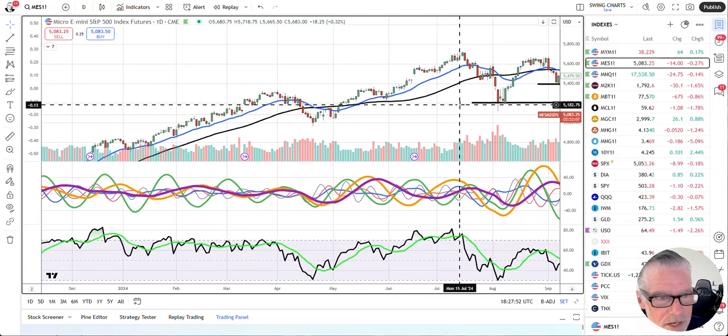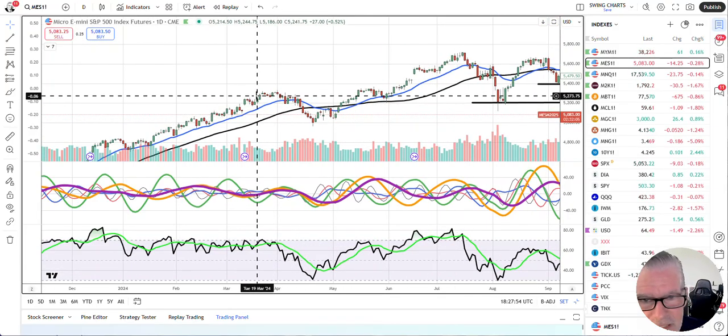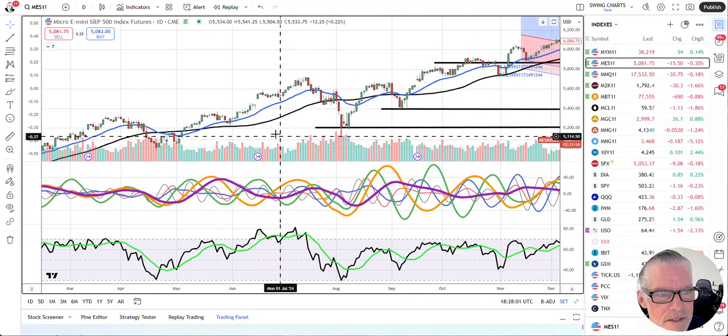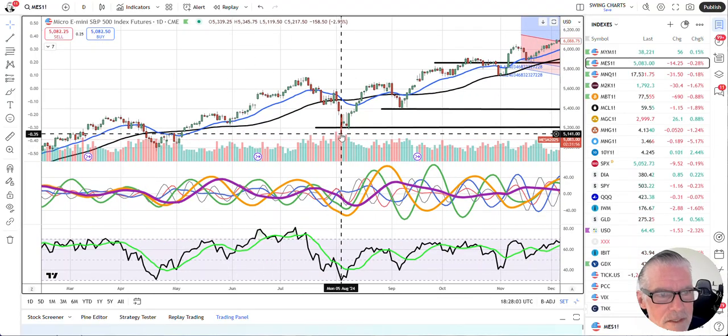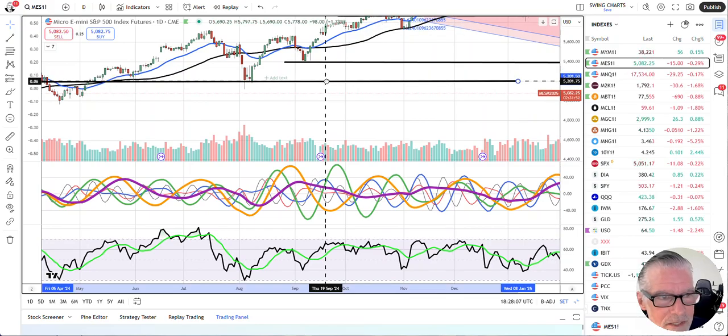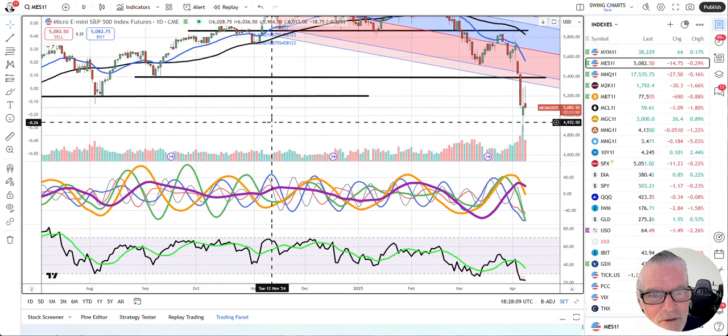And prior to that, not exactly 5,200, but pretty close, it did provide a ceiling, and then again a floor, and again a floor. And now that we are below it, it's going to be a ceiling all over again.